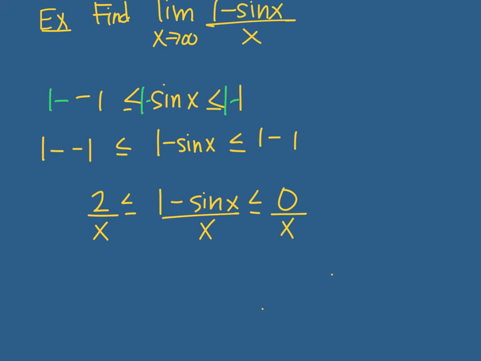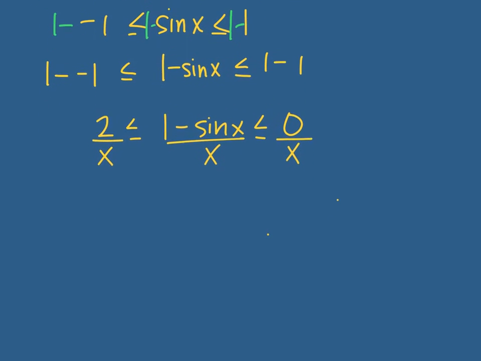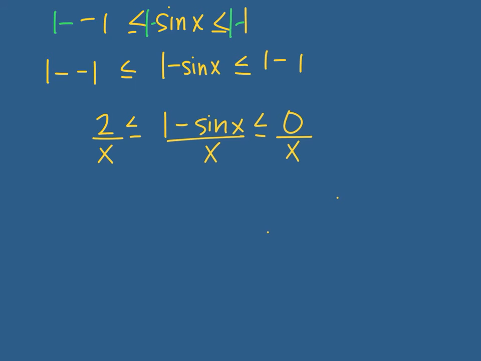And now you want to prove the lower limit, the upper limit, and then see what the middle limit is going to be. So the lower limit would be the limit as x approaches infinity of 2 over x, which, just like we did before, is going to turn out to be what? 0 plus, because 2 is a positive number.